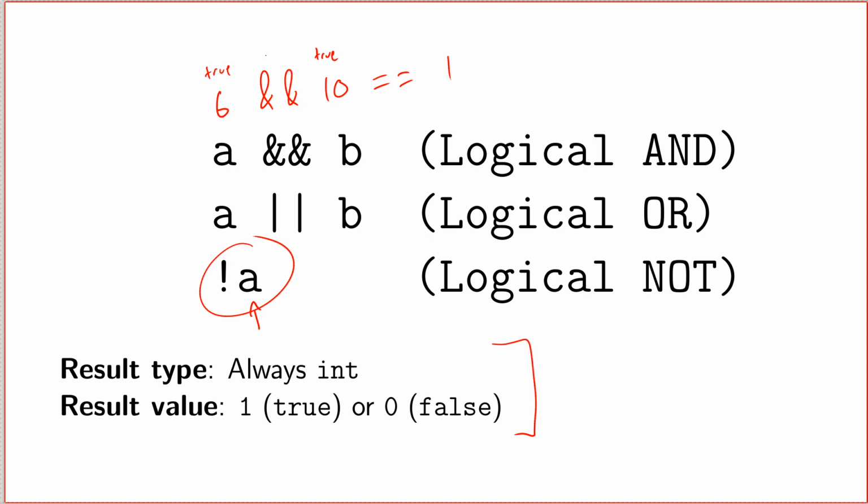And if we have true and true, the result will be the value true, which is 1. So remember that the operands don't have to be 0s and 1s. They could be any integer, and we know how to determine if an integer is considered true or false. But the result of a logical operator will always be 1 or 0. So let's try a few examples of this.